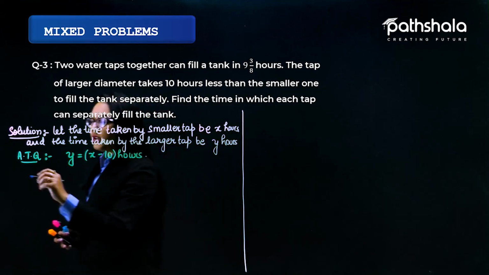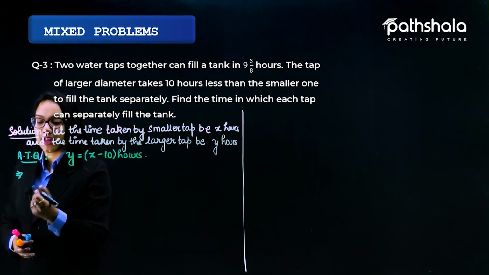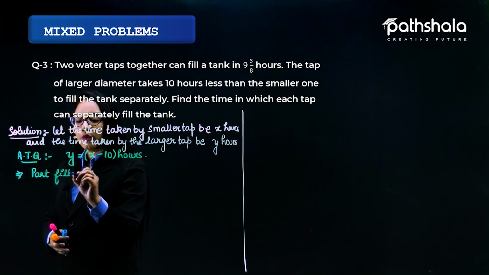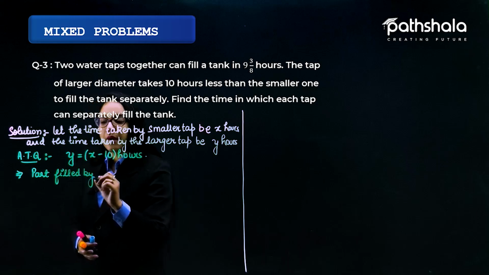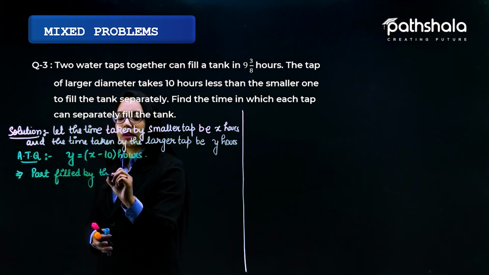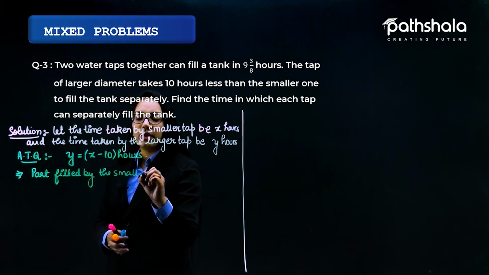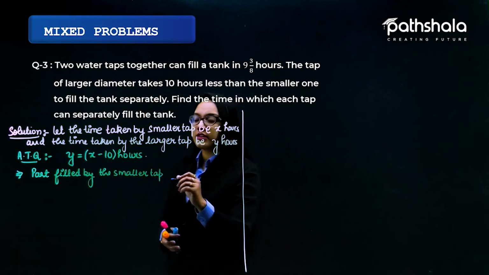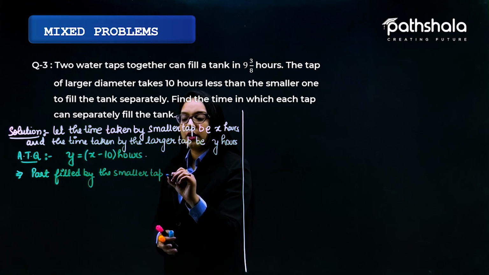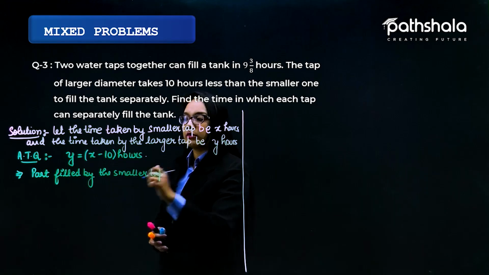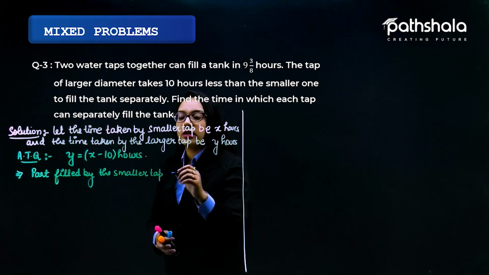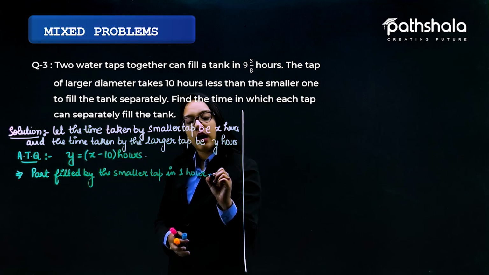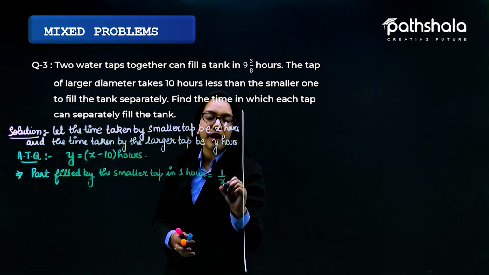So the part filled by the smaller tap in 1 hour should be equal to 1 by x.